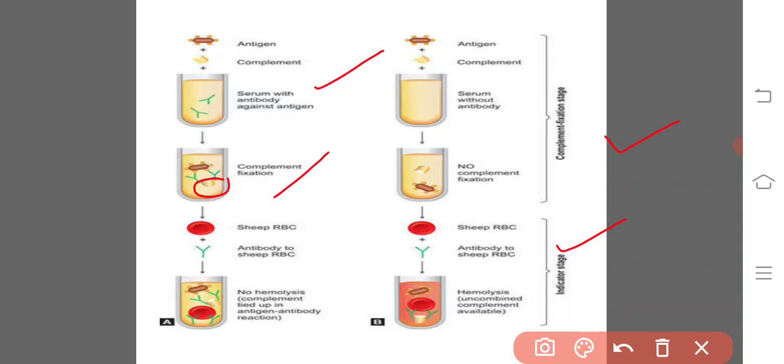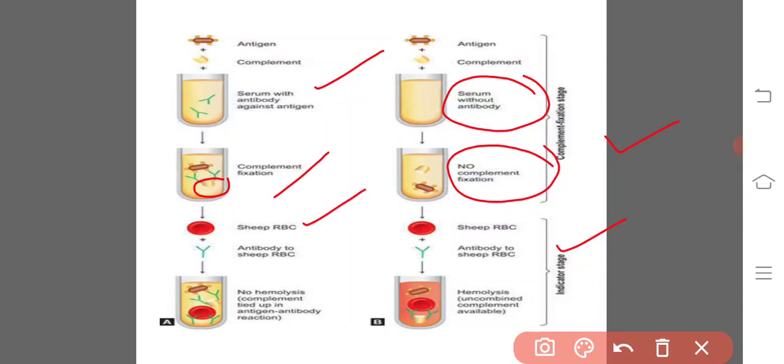However, if there is no antibody in the patient serum, in the second step we will see there is no antibody at all, so no complement fixation has taken place. Here, whenever you add the sheep RBC as the indicator system and anti-sheep RBC antibody, both of them are added, and there is no hemolysis because the complement is tied up to the antigen antibody complex.